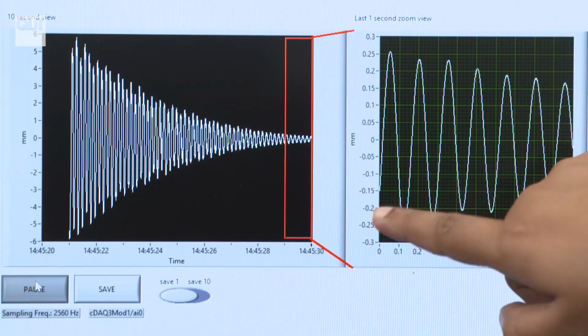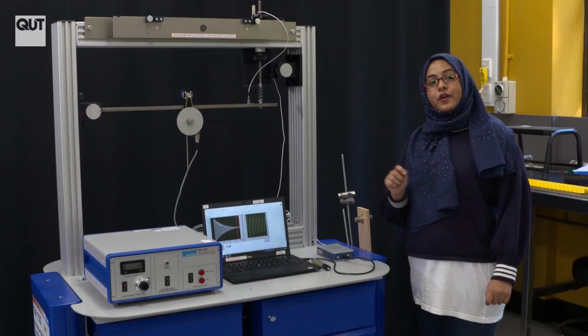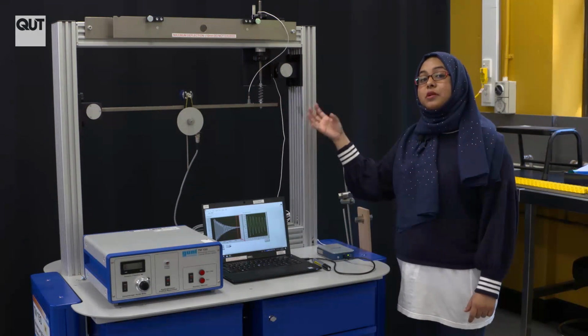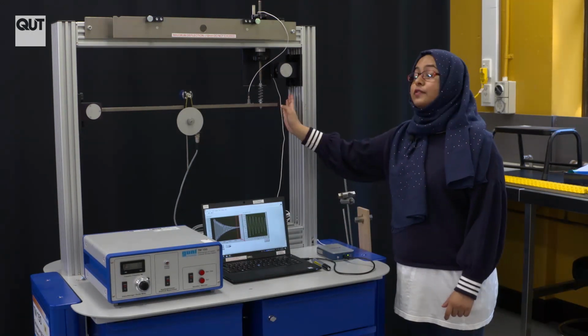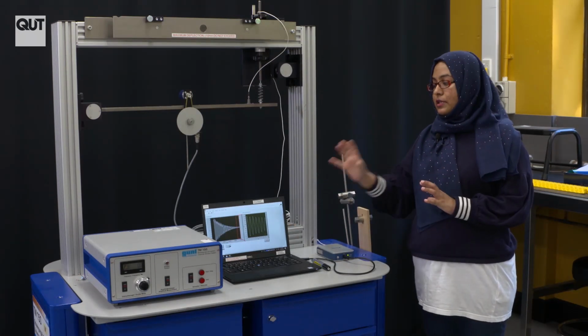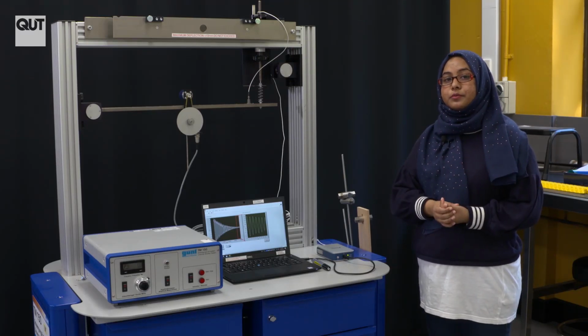Actually, it is close to 7, but it is not completely 7. We can consider this as 6.5. So the experimental natural frequency of this system is 6.5 hertz. Now, we can compare this frequency with the calculated one and find the percentage of error.